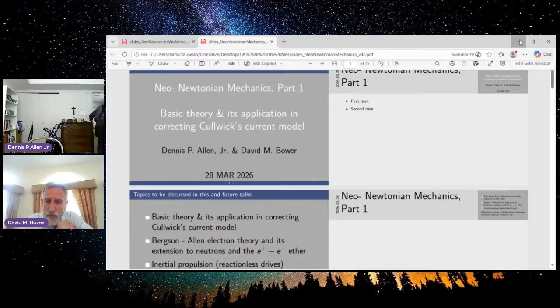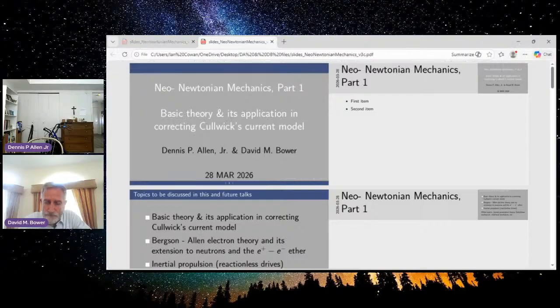Today we're talking about the basic theory of Neo-Newtonian mechanics, which Dennis did develop. We're also going to be talking about some applications in correcting Kowick's electron current model. The next slide has this and some future topics: Bergson-Allen electron theory and its extension to neutrons and the electron-positron ether, and inertial propulsion, reactionless drives.